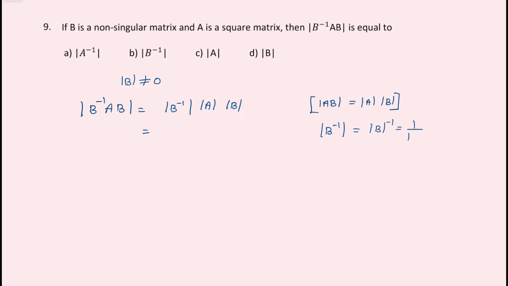That is 1 by determinant of B. This is 1 upon determinant of B into determinant of A into determinant of B. We can cancel these two. Therefore, the answer is determinant of A. C subdivision.